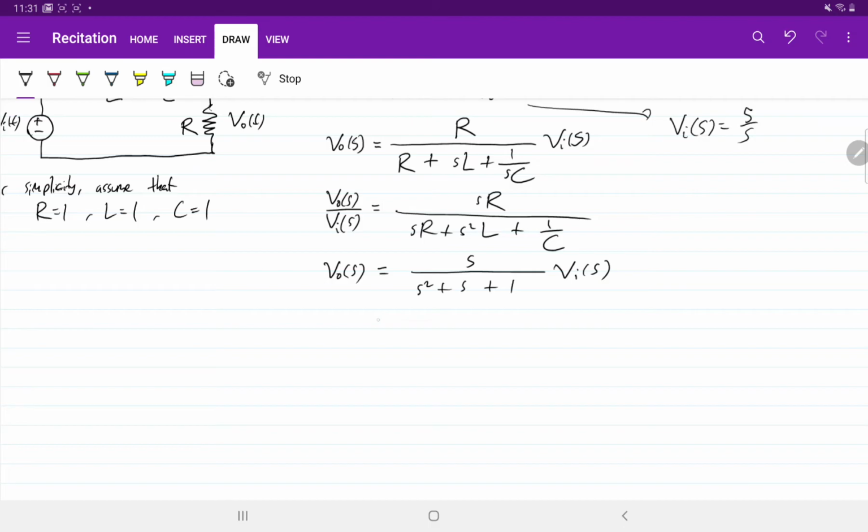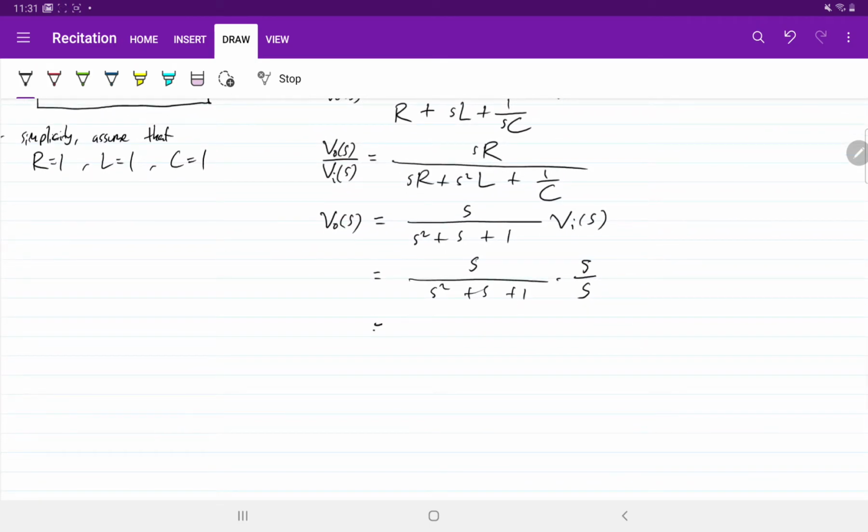So we have, sorry, this is not 5, this is S. S over S squared plus S plus 1 times 5 over S. We have S here, so they cancel.